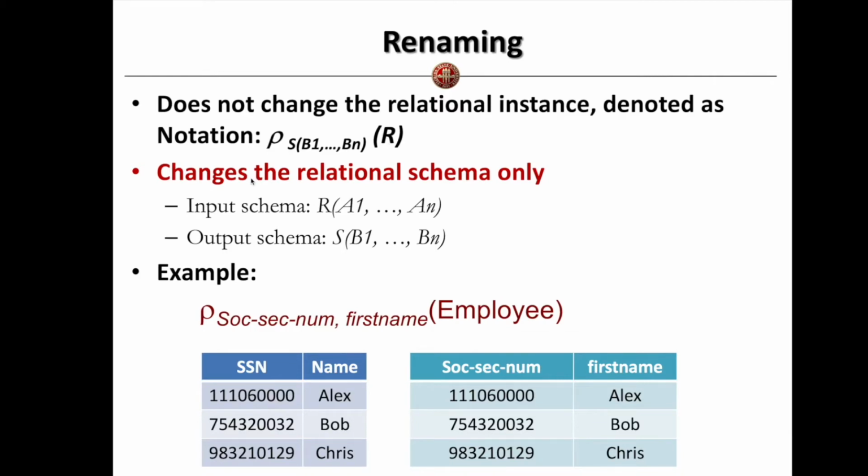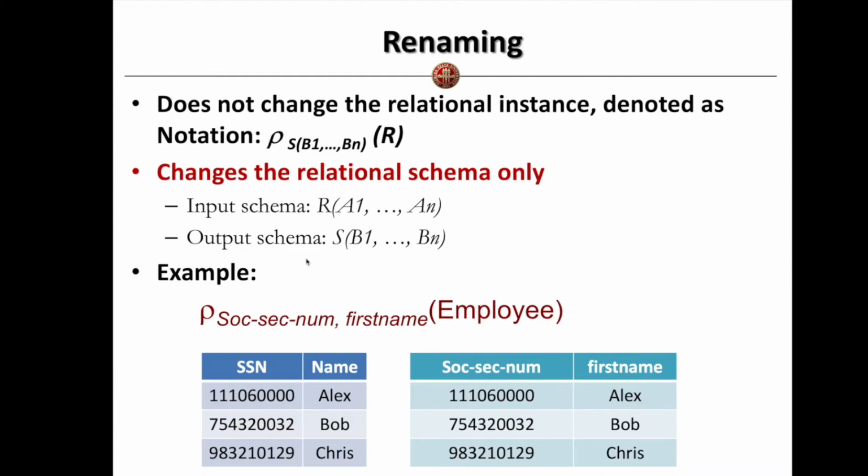So you see, this operation makes changes to the relational schema only. We have an input relation R with A1 to An as attributes, right? However, right now we plan to make some changes to the names instead. We want to change the name R to S. We want to change the name A1 to B1, as well as the name An to Bn.